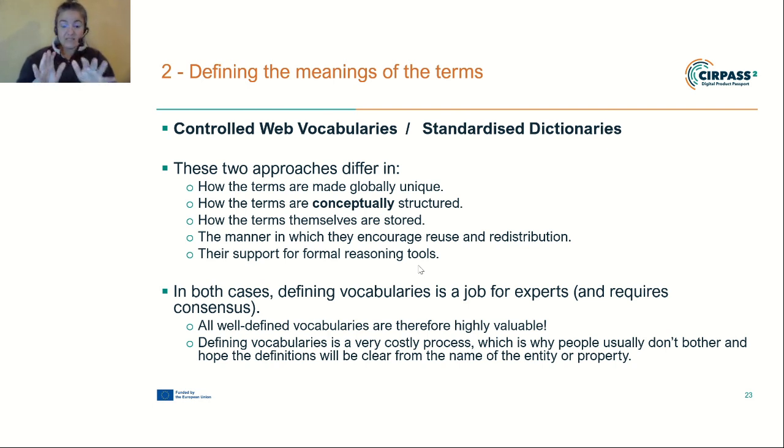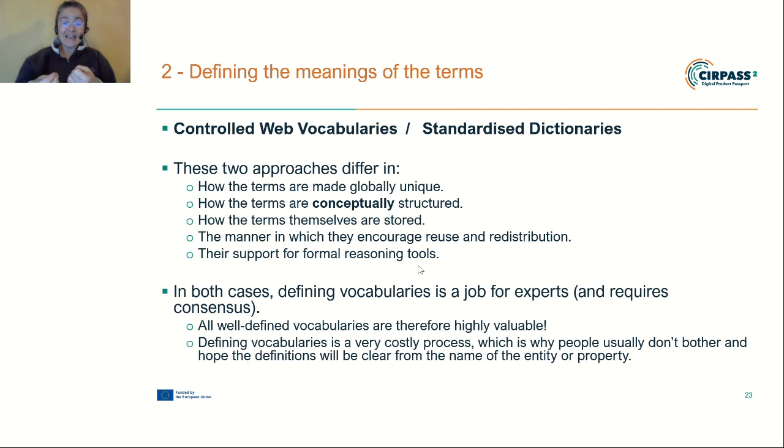However, what I want to state is that in both cases, defining these vocabularies is a job for experts. And this is very hard work because not only do you have to know how to properly model things, but second, you have to reach consensus on the use of a specific term for a specific concept. So this is long and costly work.